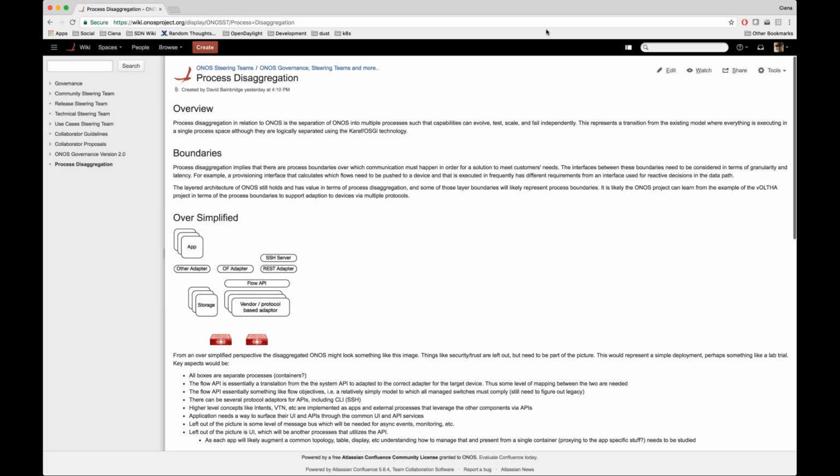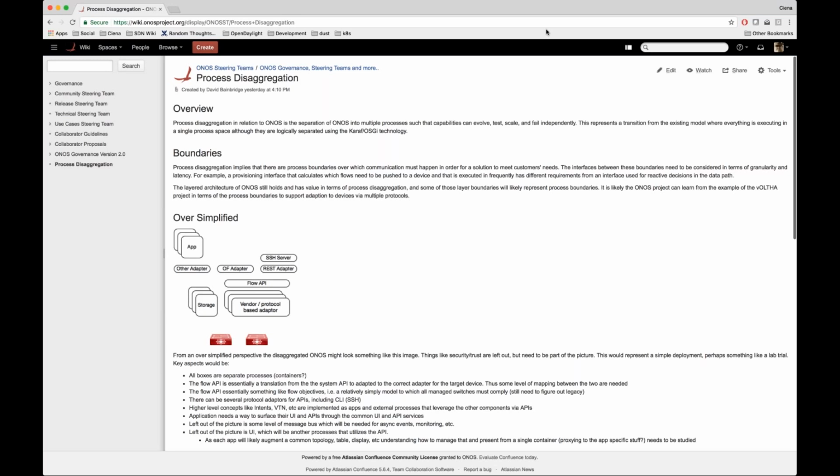When I look at process disaggregation, those are, to me at least, a nice breaking point or boundary between these two. Mostly when I look at the apps, what draws my thinking this way is that a lot of the apps don't have what I call a reactive aspect to them.